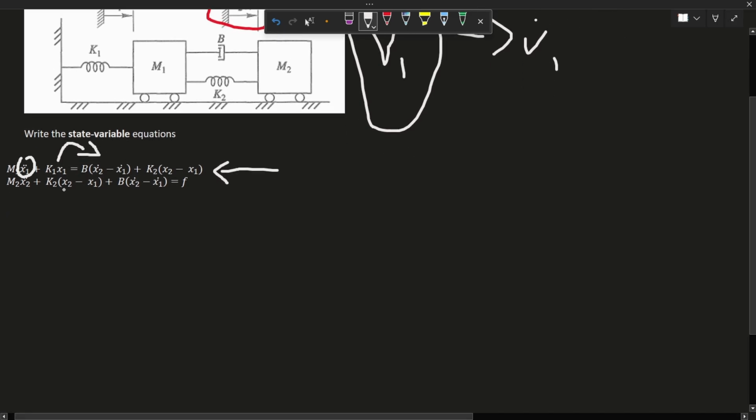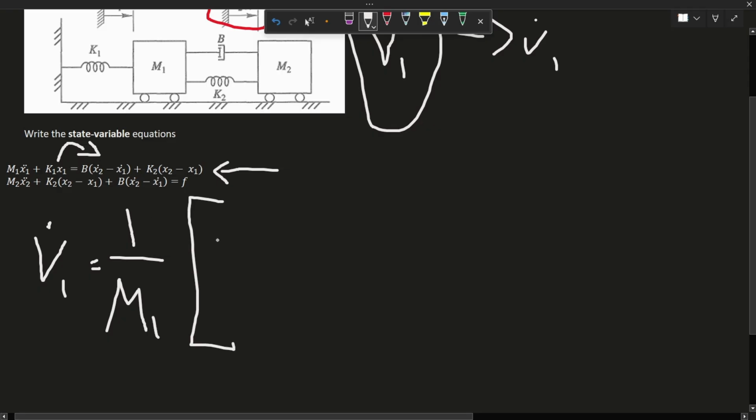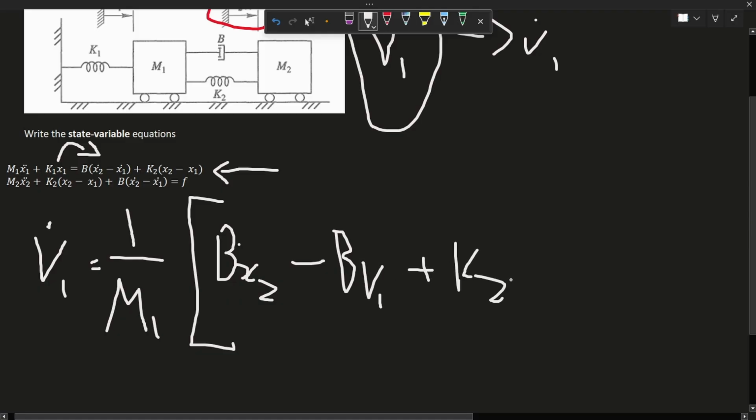So we're going to isolate x1 double dot, which is equal to 1 divided by m1, and then I'm just going to distribute everything: b x2 dot, negative b x1 dot, which is just v1, plus k2 x2, negative k2 x1, my bad, negative k1 x1.